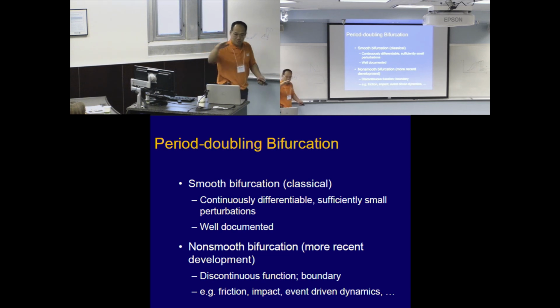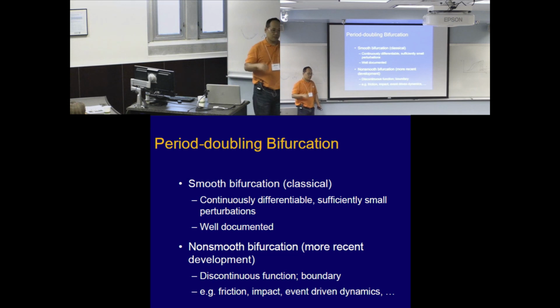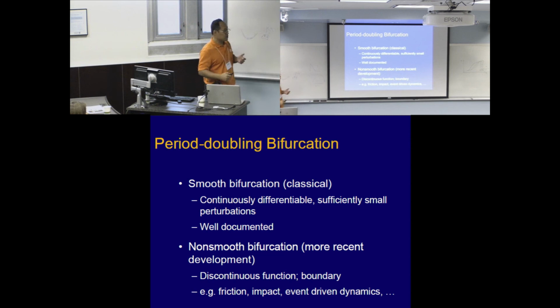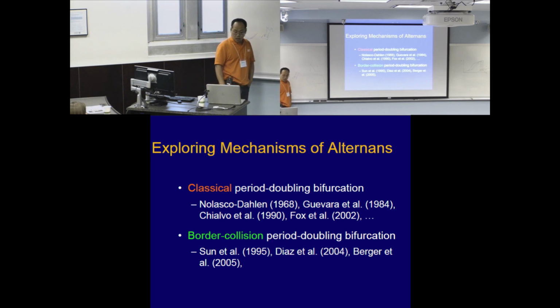So you have this discontinuity. And impact is non-smooth too. Suppose we have a tennis ball or a ping pong ball, you bounce that on the floor, there's an instantaneous change in the velocity. So those are examples of a non-smooth vector field. A non-smooth vector field may lead to bifurcation as well.